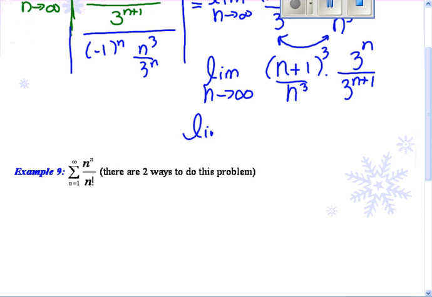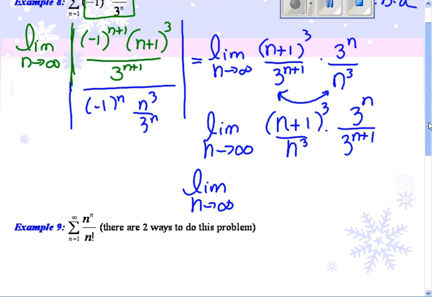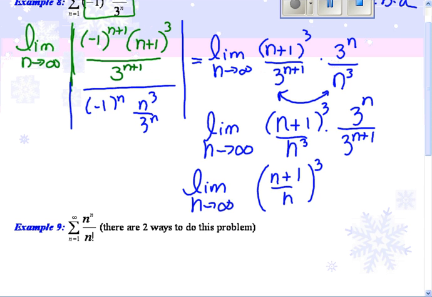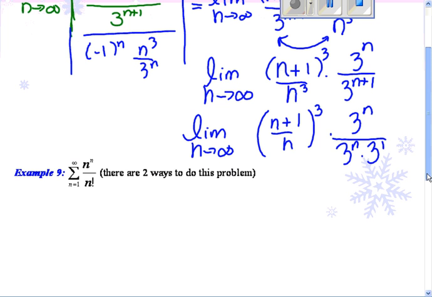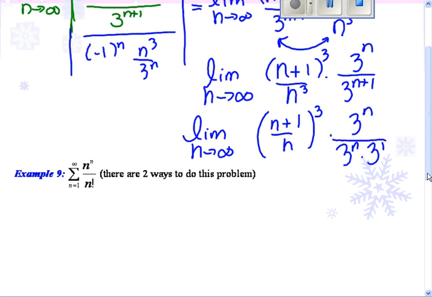Because what's the first factor going to look like? I know, but I'm going to run out of time. This is n plus 1 over n to the third power. You're right, that's 1. And this is 3 to the n over 3 to the n times 3 to the first. That bother you? Because what do you do when the bases are the same?